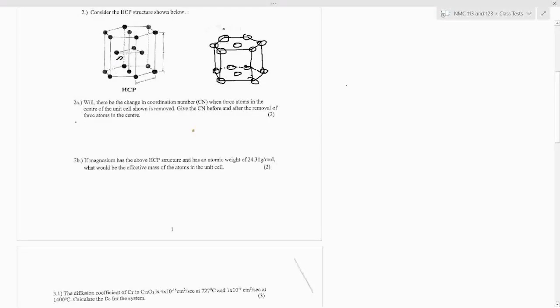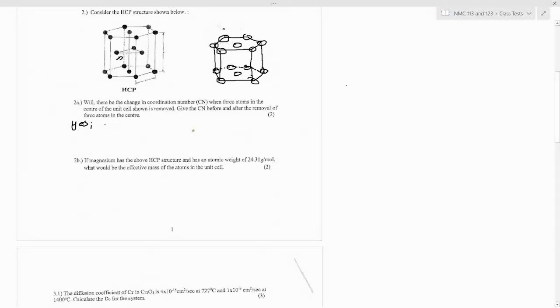Now they want to know if the coordination number is going to change. Yes, it's going to change. The reason is that the stacking sequence is going to change, which will result in a change in the coordination number, because the nearest touching atoms from a specific reference atom will not be the same.